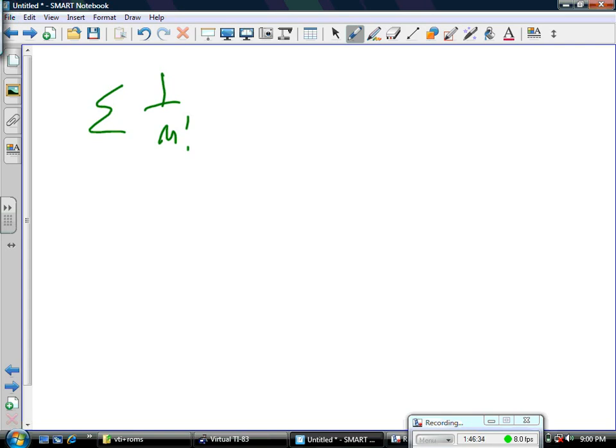You could easily prove that by comparison. Because remember, n is a constant. Replace it with anything smaller, like exponential.